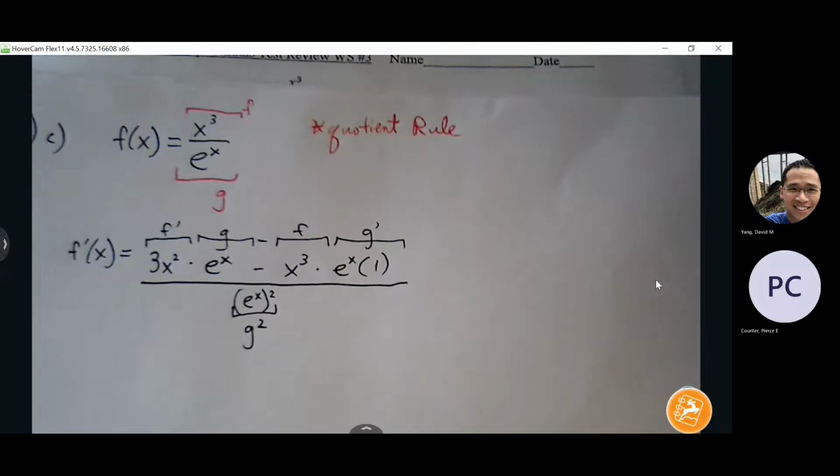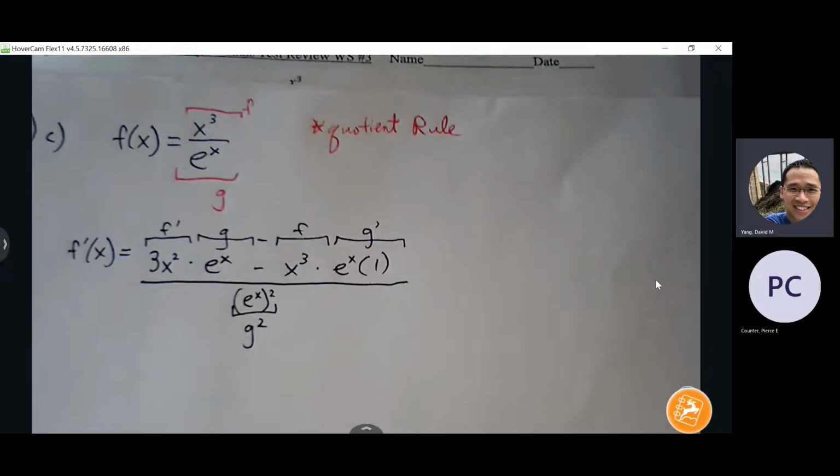Okay. Hopefully pretty straightforward with quotient rule. We still have to do cleanup, but any questions so far?